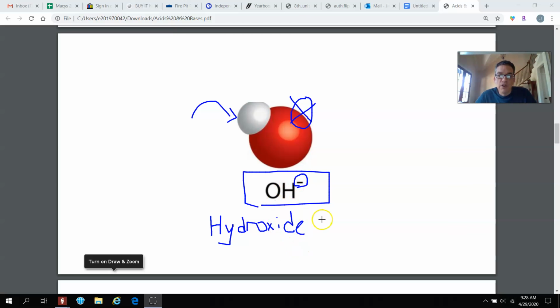If we get a lot of hydroxide ions in a solution, this is what causes something to become a base. Acids are probably something we hear more often and that you're more familiar with in your house, but there are a lot of things that are also considered bases. If it's a base, it has an excess of this hydroxide ion in it.